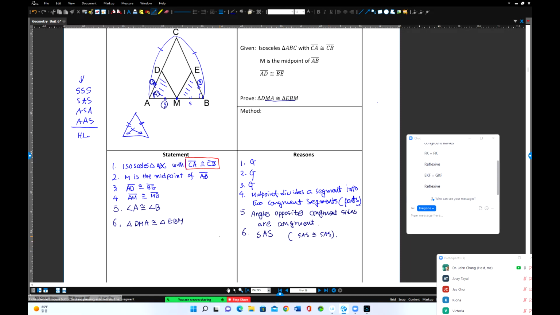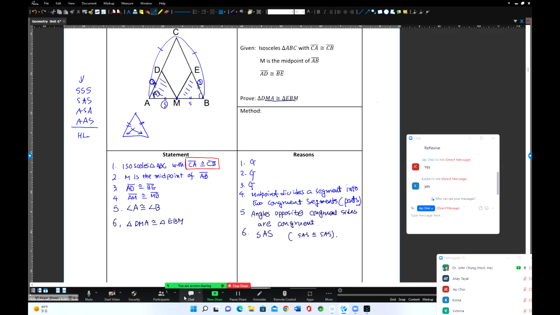Are you guys okay with this? Say something. You guys okay with this? You guys need a little more detailed expressions? Okay. Jay said yes. Kyora said yes. What about NA?